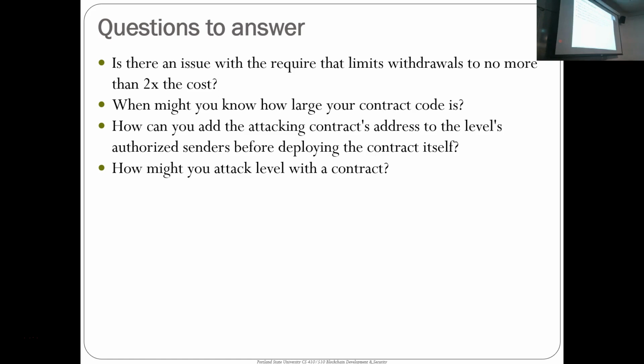I was going to say, you know how large your code is once you compile it. When you deploy a smart contract, you have a constructor, and a full node will execute your constructor.